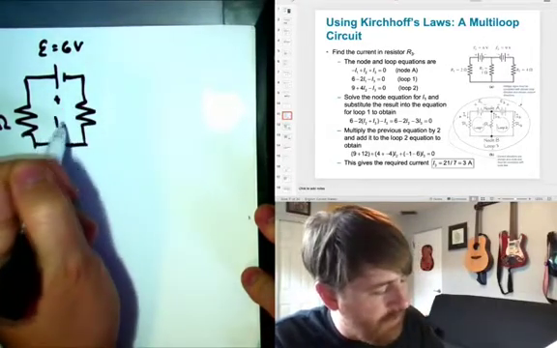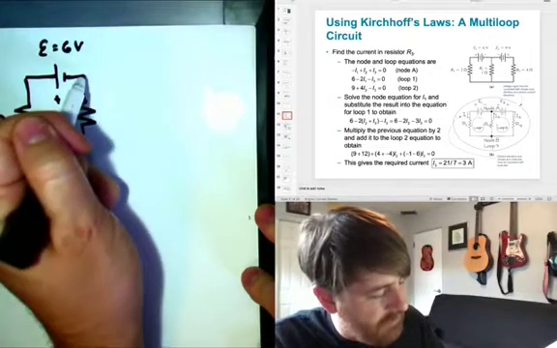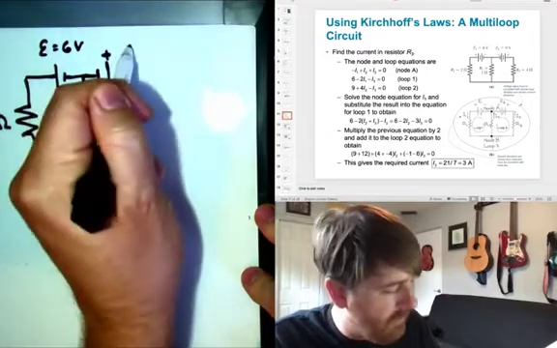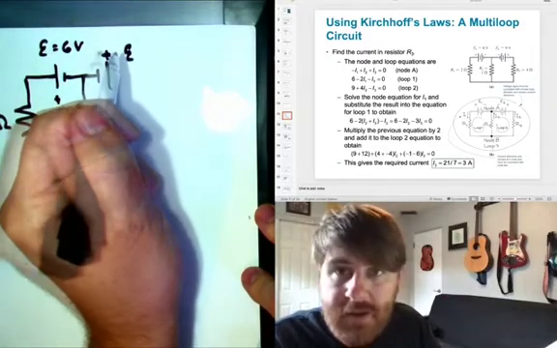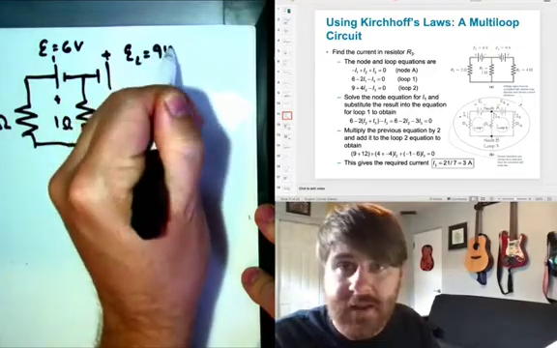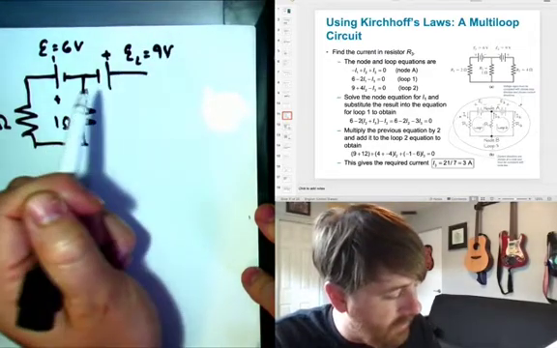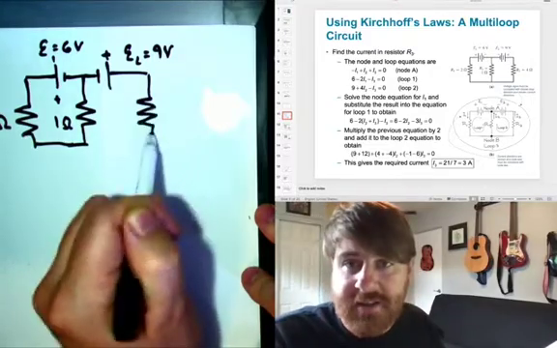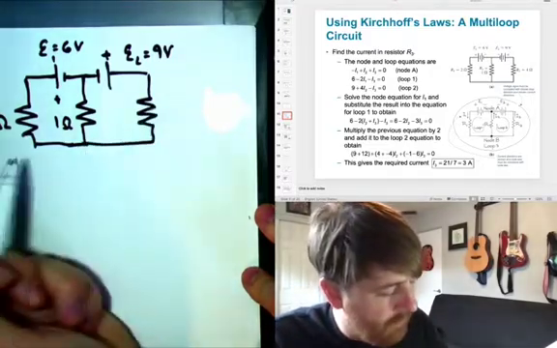And then I have a battery facing the opposite direction here. And this has an EMF, let's call it E2, of 9 volts. And then a resistor over here, which is 4 ohms.